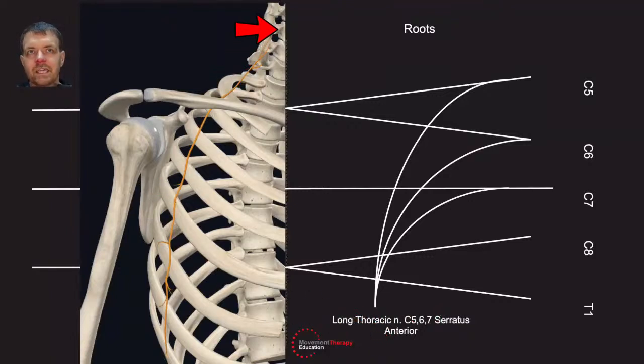And if we have a look here, we've got the pathway more anterior this time. So the dorsal scapular was on the back. This one's more anterior. So the long thoracic comes down in front of the ribs here, underneath the collarbone, so underneath your clavicle, and then down towards where serratus anterior attaches. And that muscle, we had a look at last week, where the innervation was.